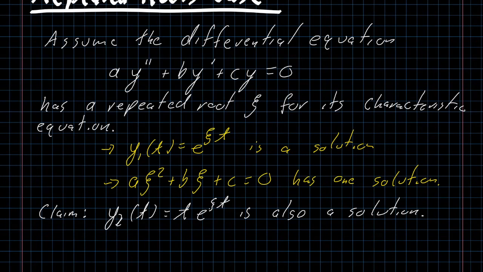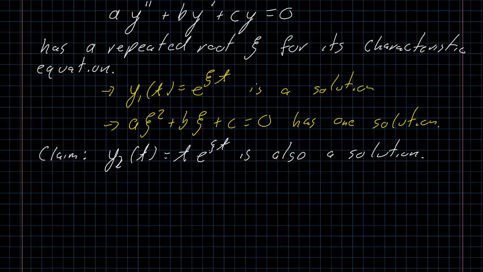I can shortcut about half of that and look at it from the other direction. Instead of showing you how this came to be, let's at least prove that it works. Let's take the derivatives of this function, plug it back into the differential equation, use the fact that the characteristic equation has this repeated root, and show that the solution actually does work out.